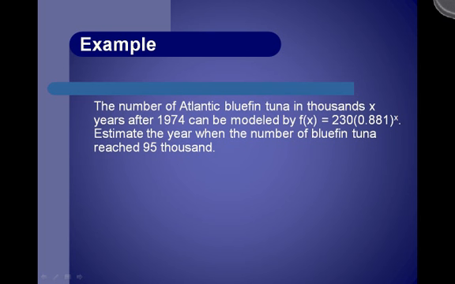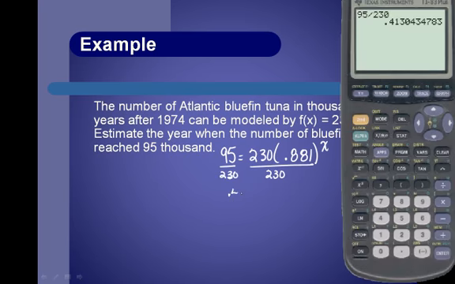Well, because y is in thousands, we're going to say 95 is equal to 230 times 0.881 to the x. Again, we're looking for x, so we're looking for the power. The first thing we're going to do is divide both sides by 230. So we get 0.413 equals 0.881 to the power of x.